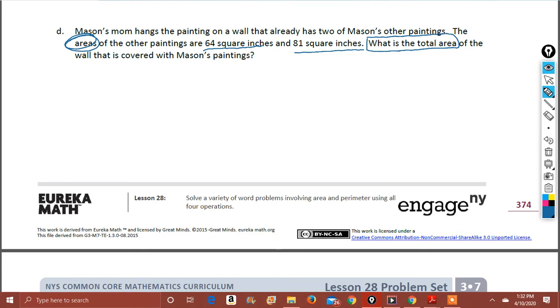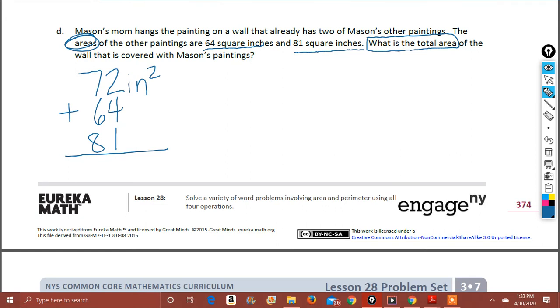So we know from part A that the area of the painting he just did was 72 square inches. And he now has 2 other paintings that are already hanging there with an area of 64 square inches and 81 square inches. So all I have to do is add those together to find the total area of the wall covered by his paintings.